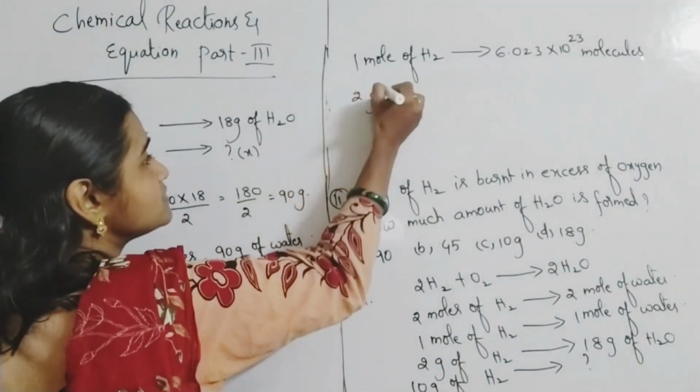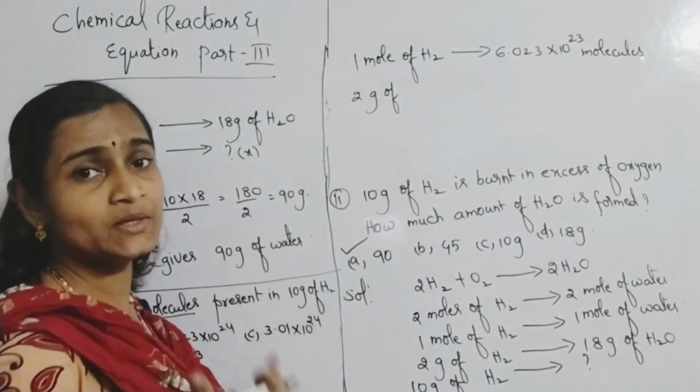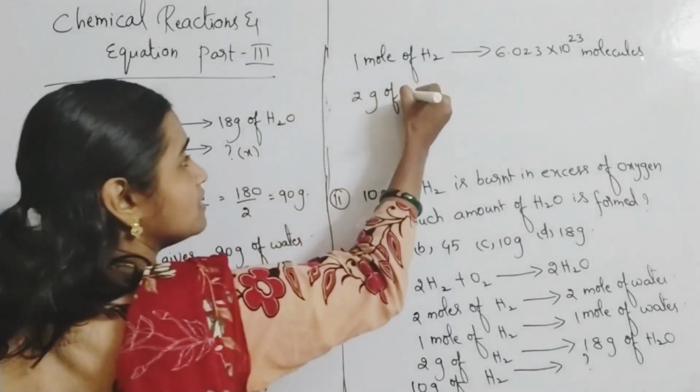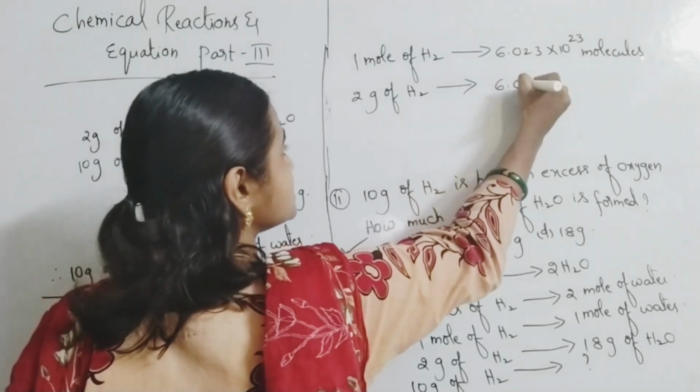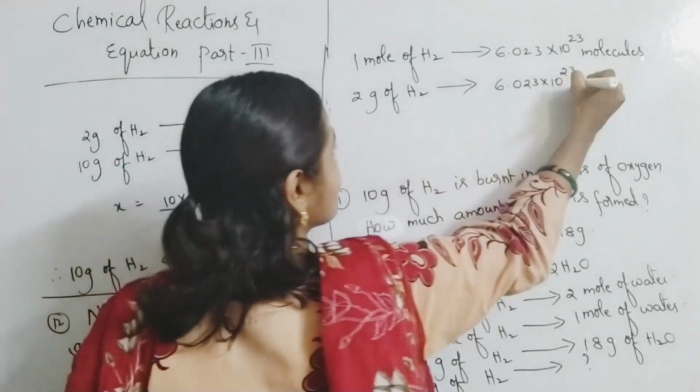The first statement I wrote in terms of moles; now the same thing in terms of grams: 2 grams of H2 means 6.023 into 10 power 23 molecules will be there.